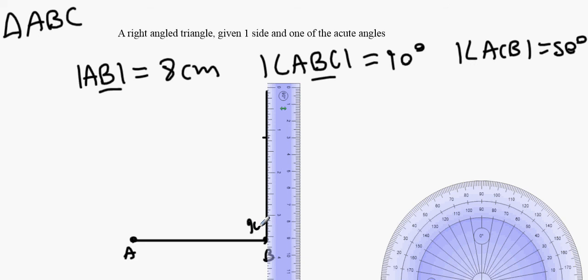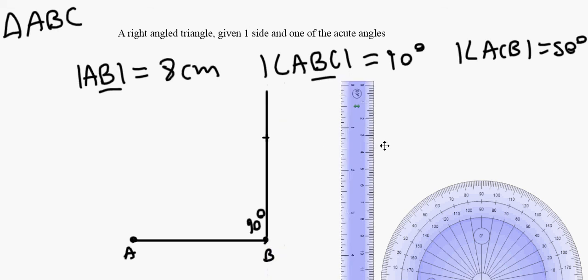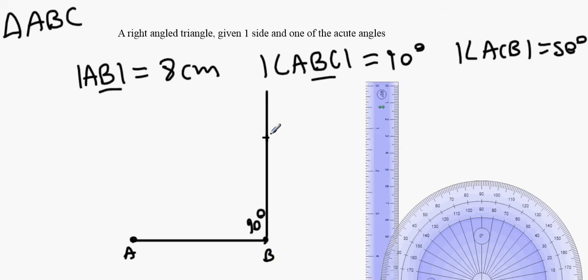Now the next angle we know is that at angle ACB is 50 degrees. Okay, so we know that ACB is 50 degrees, and we know that C is up here. So we know that point C is somewhere up here, and it's got to be 50 degrees.